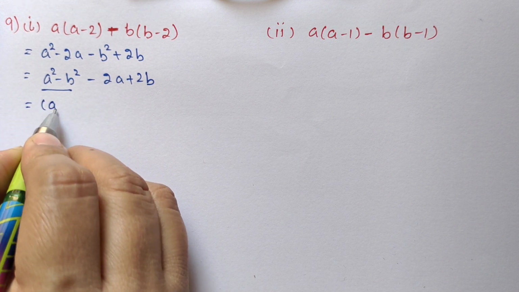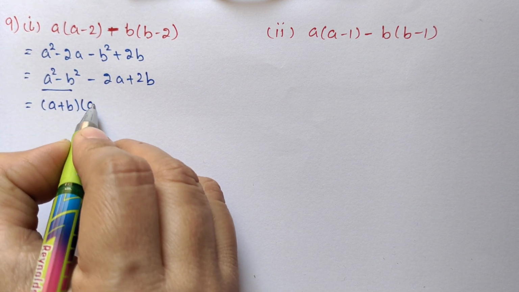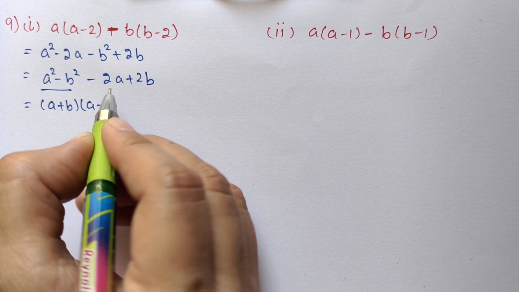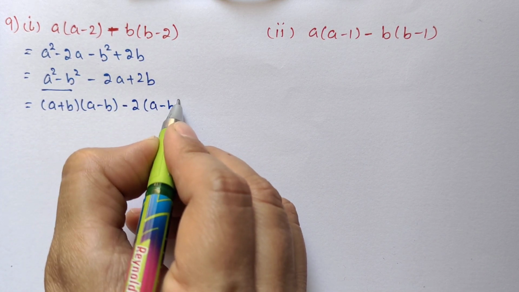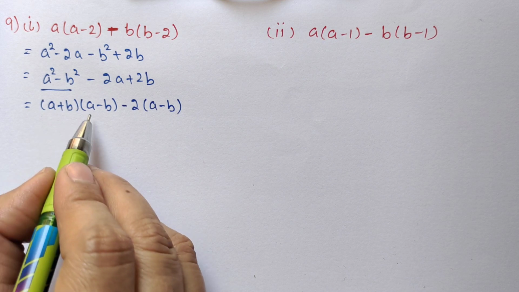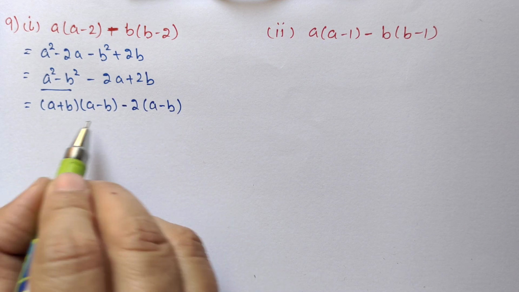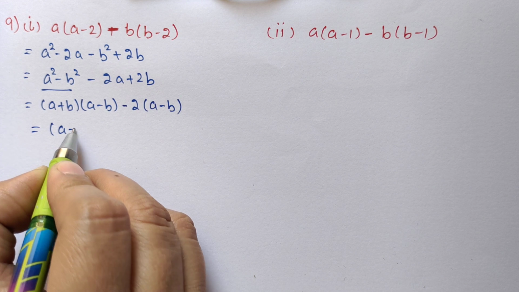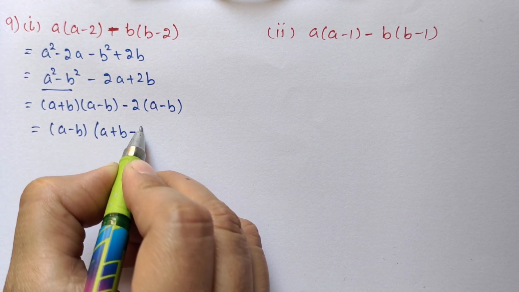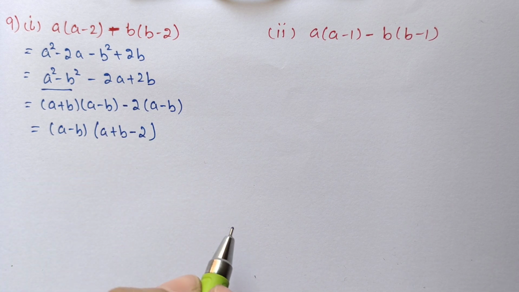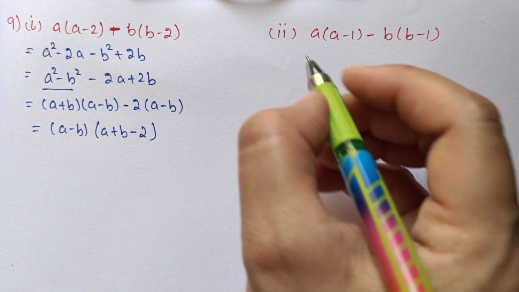It will become (a + b)(a − b). And in these last two, if we take minus 2 as common, then we will have (a − b). Now (a − b), from both the terms we can take out common, and another bracket will be (a + b − 2).